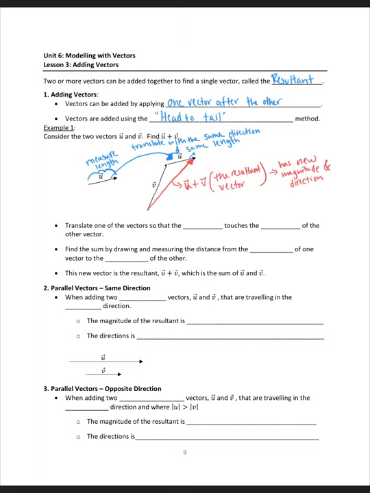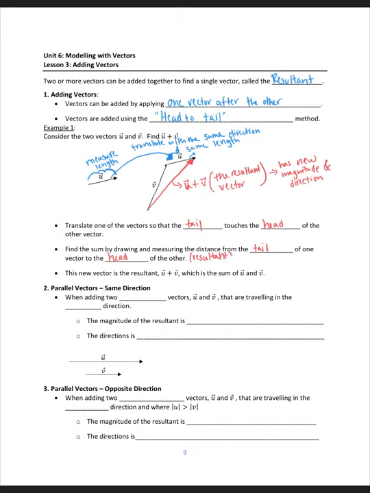So what did we do here above? We translated one of the vectors so that the tail touches the head of the other vector. And then we're going to find the sum by drawing and measuring the distance from the tail of one vector to the head of the other. And this is our resultant we're talking about here.